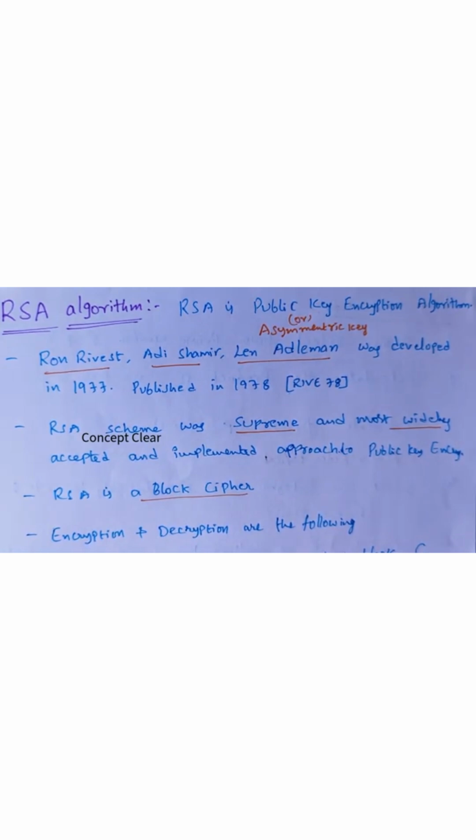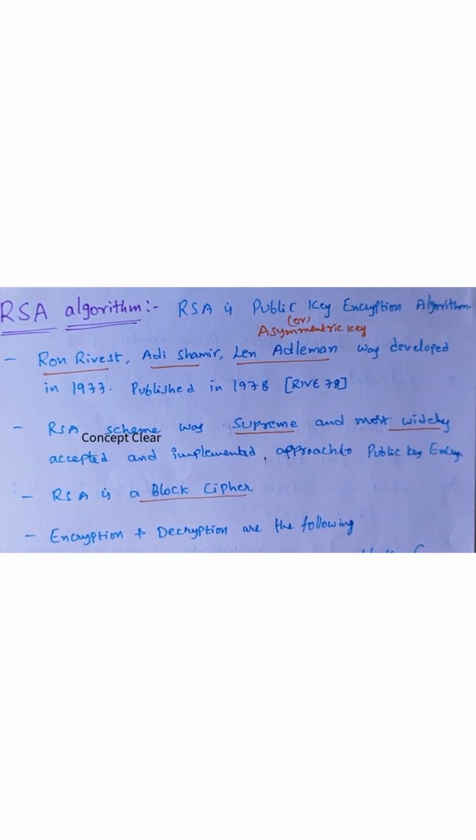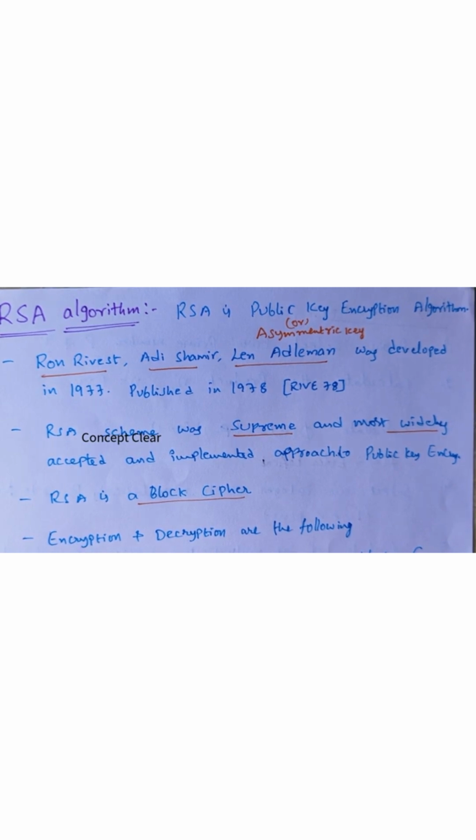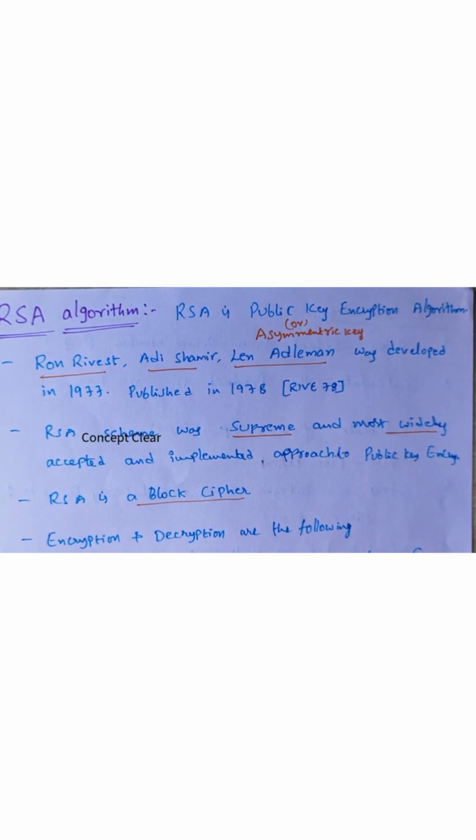In today's class, we will discuss the RSA algorithm in the subject of cryptography and network security. What is the meaning of the RSA algorithm? RSA is a public key encryption algorithm, developed in 1977 and published in 1978.